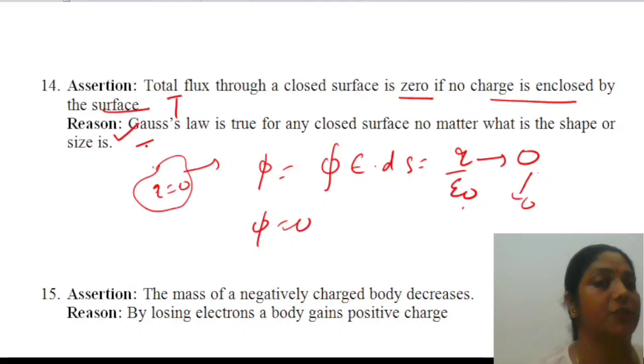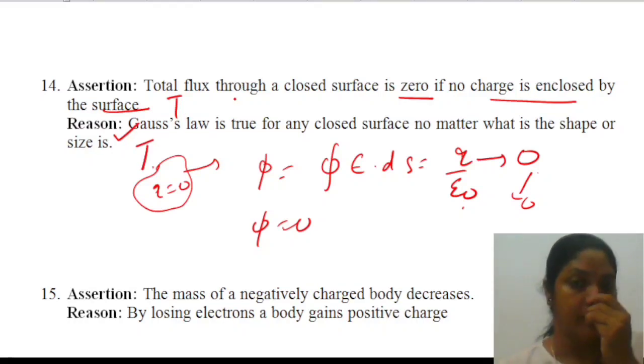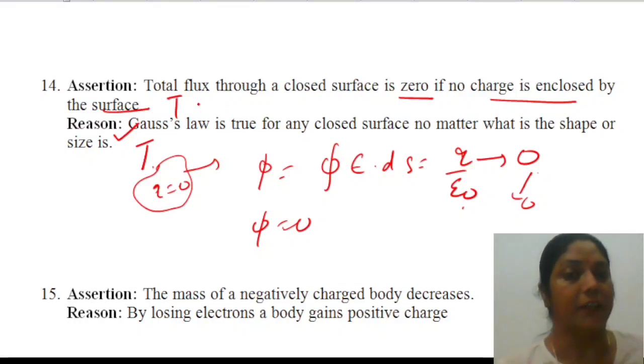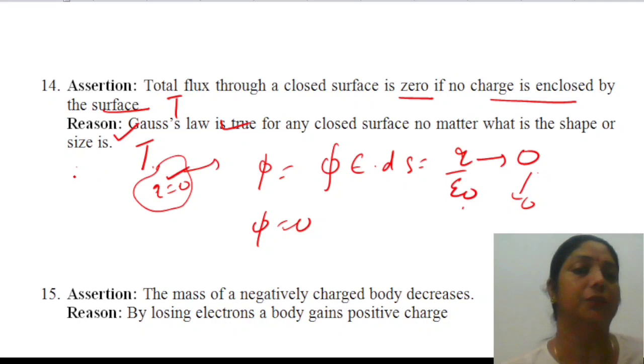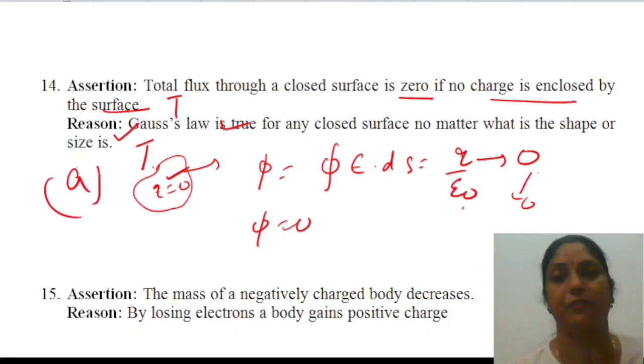This statement is also true. Is the reason correct? Total flux through a closed surface is 0 if no charge is enclosed by the surface, because Gauss law is true for any closed surface no matter what its shape or size, and it only depends upon the total charge enclosed. So this reason is also the correct explanation of this assertion. So option A is correct for this question.